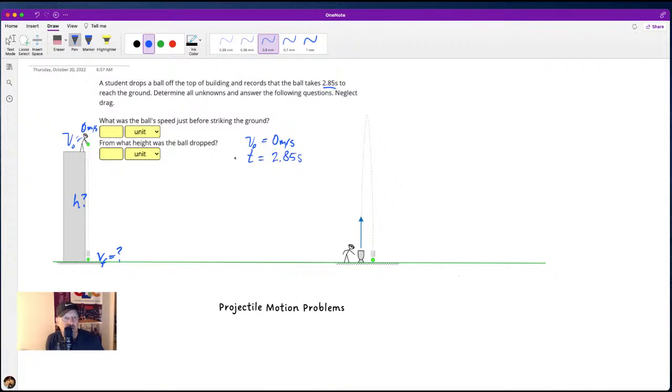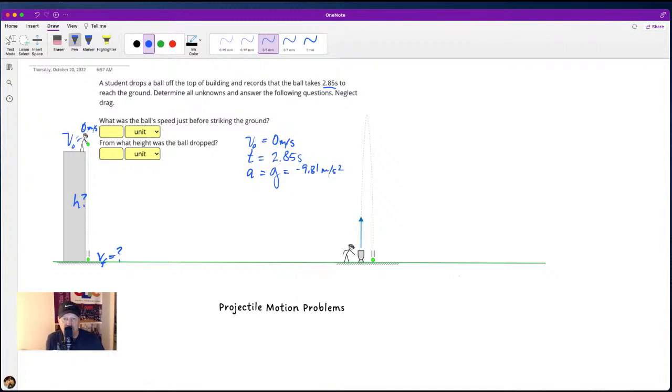Okay, so to reach the ground, determine all the unknowns. What else do we know about a falling object? Well, the fact is, acceleration is g, which is equal to negative 9.81 meters per second squared.